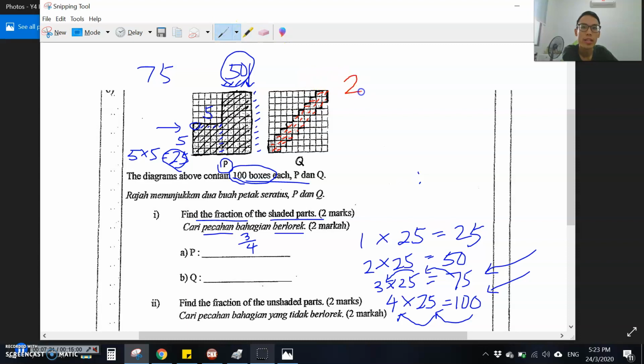Okay, so 28 over 100. Okay, this is the total. The question already tells us this is 100 boxes. So you just put it over 100. So again, is this the final answer? Can we make this number smaller? Can we simplify it? Yes, we can. Because you look at 8 is an even number. 0 is also an even number.